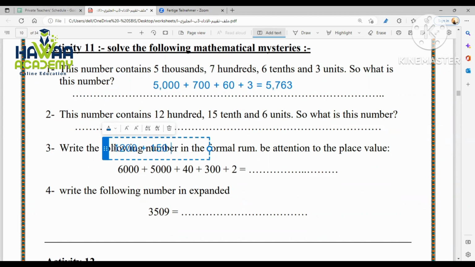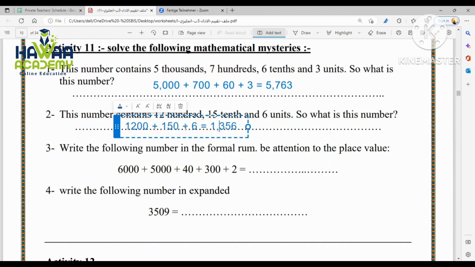On the other side here, I have 12 hundredths, 15 tenths, and 6 ones, or 6 units. Let's find out. We just need to add them again. So what do we have in the ones part? I have 0, 0, and 6, 0, 6. In the tens part, I have just 5. In the hundreds, I have 2 plus 1 will be 3, and the 1 is going to be here.